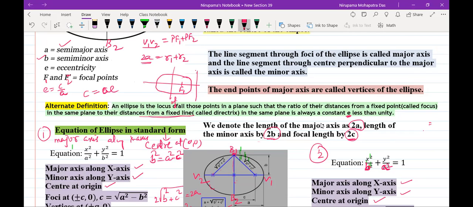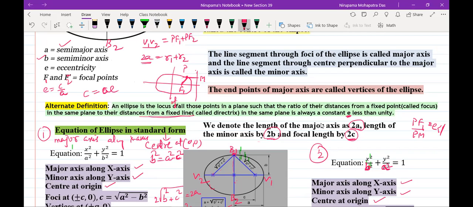Take P anywhere on the ellipse, and suppose M is the foot on the directrix. Then PF1 by PM, the ratio of the distance of the point from the focus to its distance from the fixed line, is called e, the eccentricity, which is less than 1.